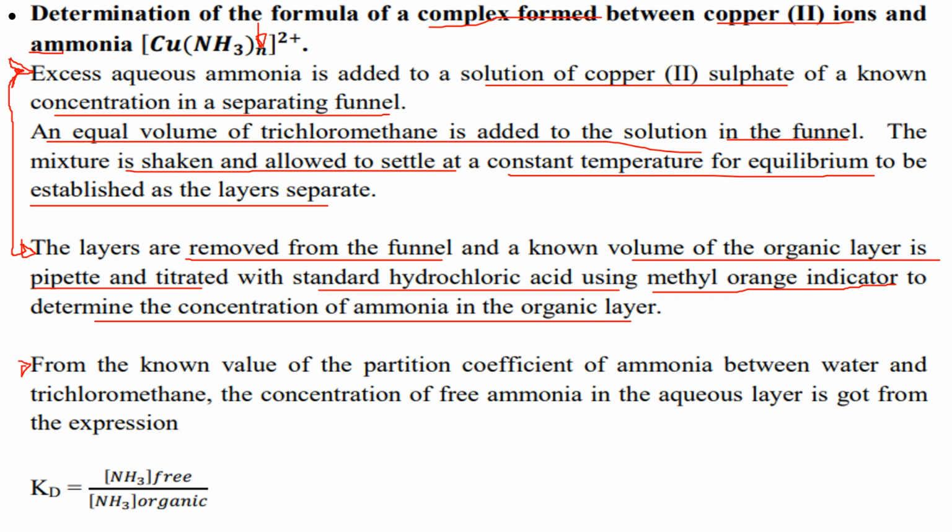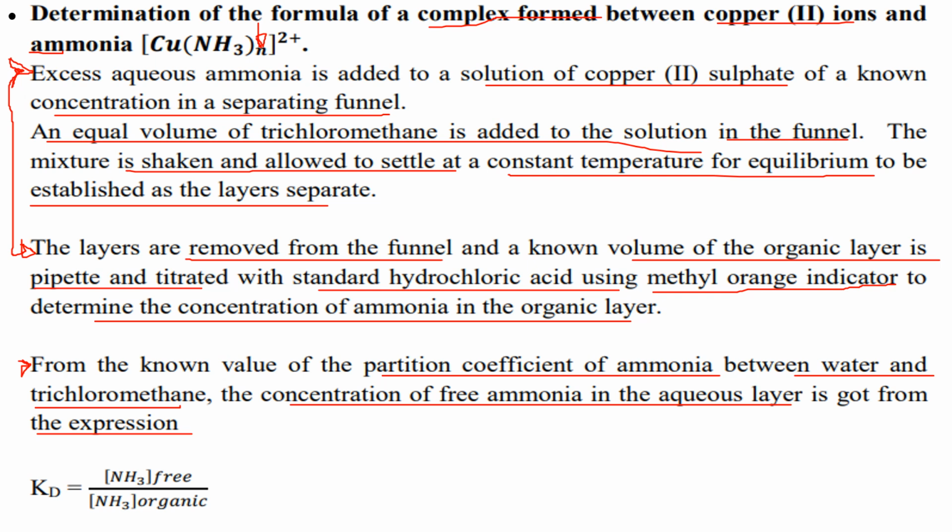So, Roman number 3: from the known value of the partition coefficient, we shall always give you this value in your calculations. From the known value of the partition coefficient of ammonia between water and trichloromethane, the concentration of free ammonia in the aqueous layer is going to be obtained from this expression.